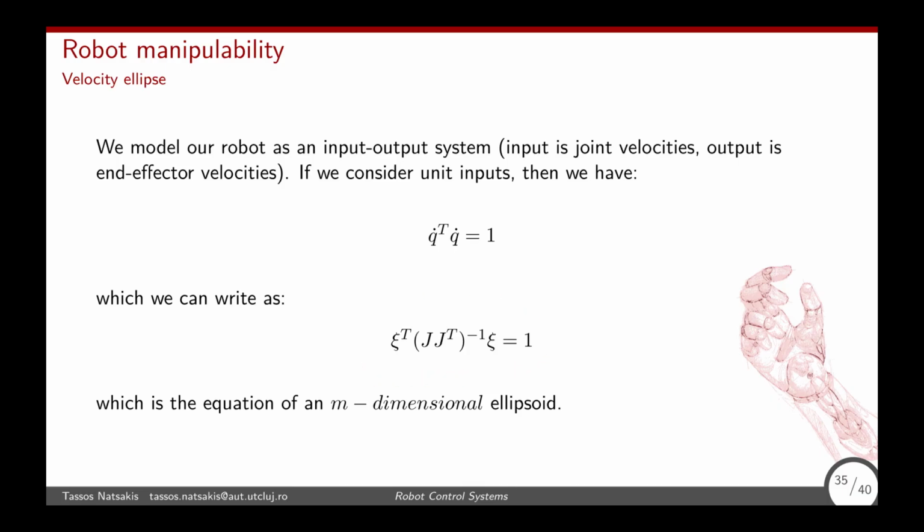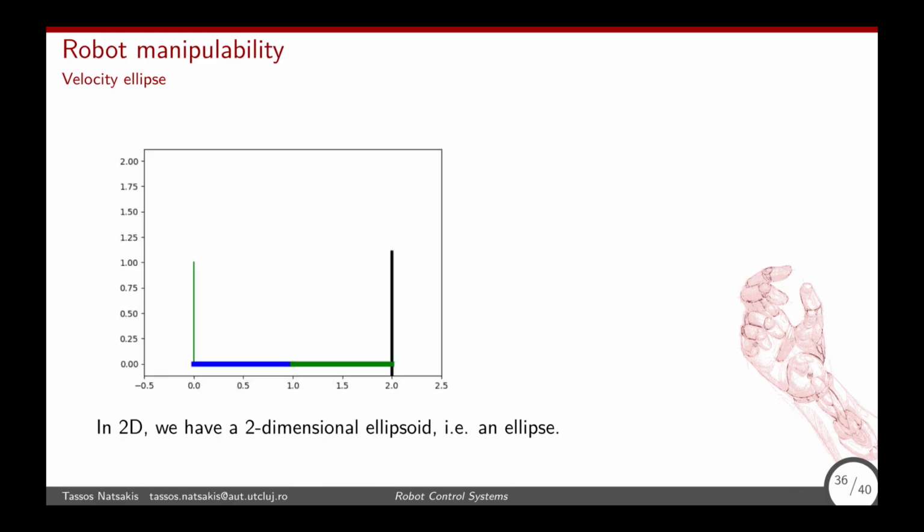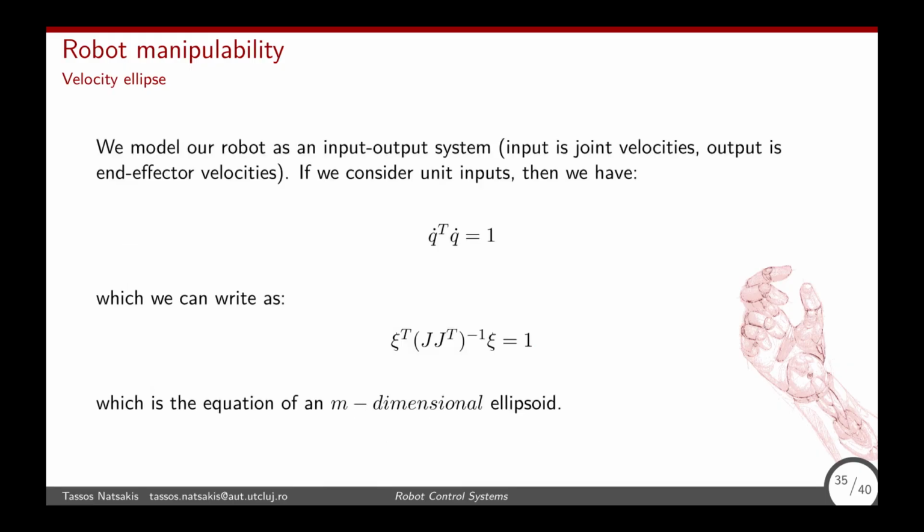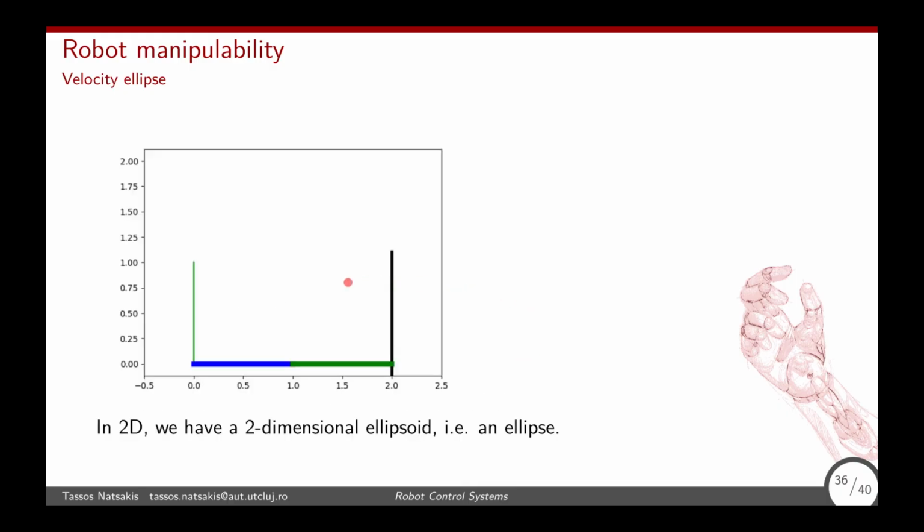basically defined like this, and we use the Jacobian equation, we end up with something like this, which ends up being basically an ellipsoid. A picture is worth 1,000 words, an animation even more. Basically this ellipsoid here, in 2 dimensions it's an ellipse, and it helps us map the possible velocities for any configuration of the robot.